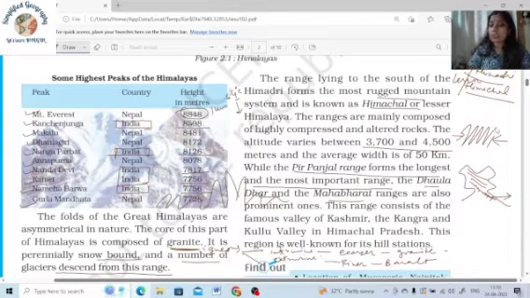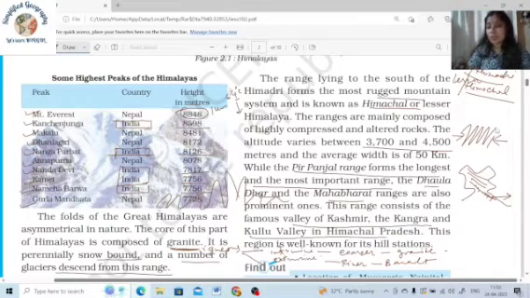This range consists of the valleys of Kashmir, Kangra and Kulu. When we go to Himachal Pradesh, which valleys are very enchanting and exciting to visit? Kangra and Kulu valleys, all in Himachal Pradesh. This region is well known for its hill stations like Shimla, Kulu and Manali.